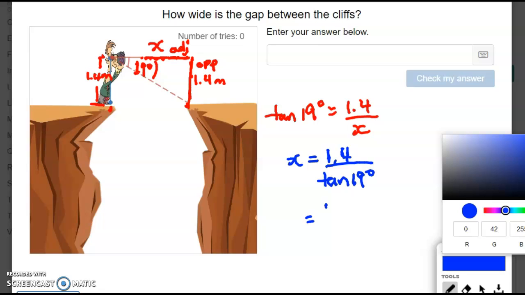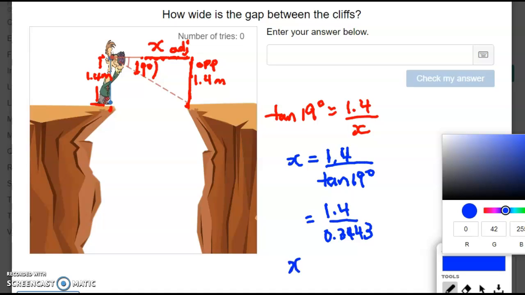Tangent of 19 degrees is 0.3443. So then use the calculator: 1.4 divided by 0.3443 is going to be 4.06.